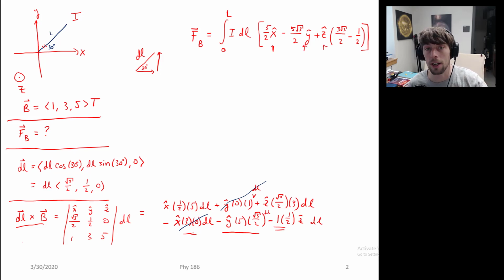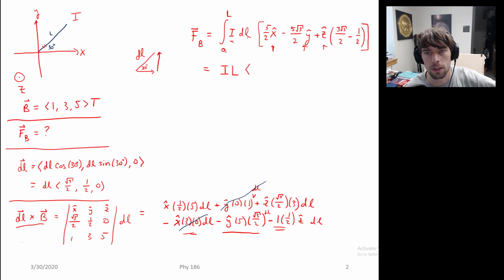Yes, they're vectors, but they're constants. Which means when I do the integration, those constants can get pulled out of the integral. I is a constant, and we just have to take care of this dl. Well, shoot, the integral of dl is just L, evaluated from 0 to L gives us big L. So at the end of the day, we have I, L, times this vector stuff.